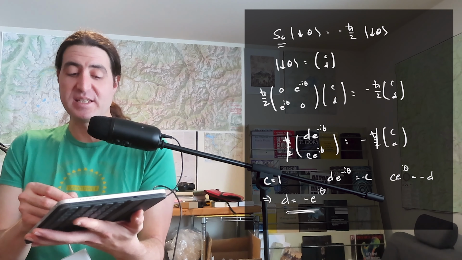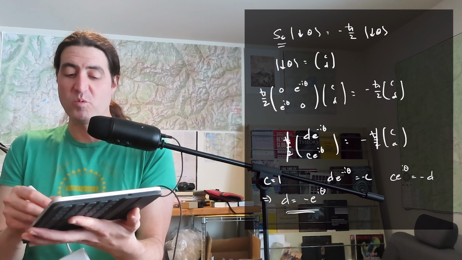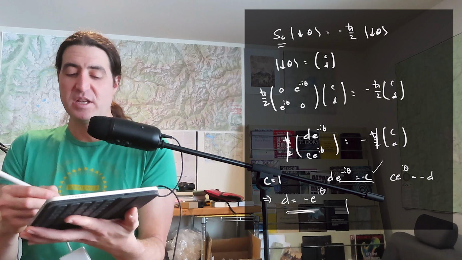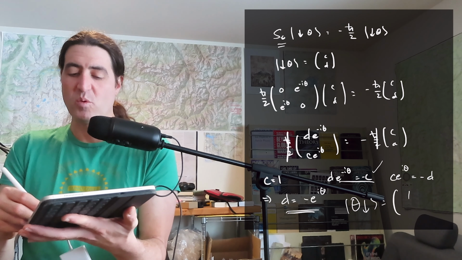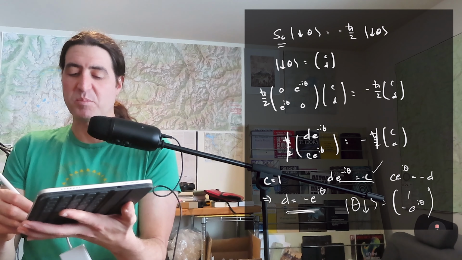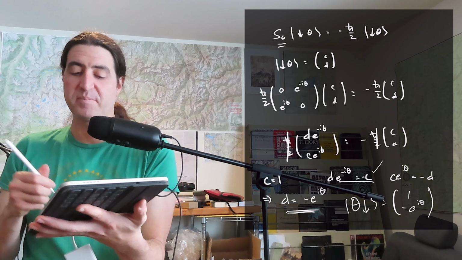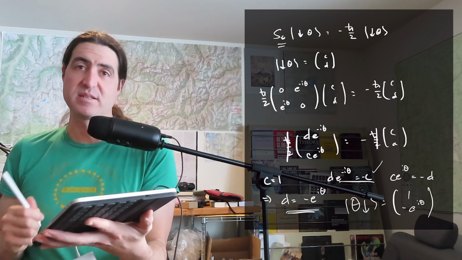Well, if D is equal to minus e to the plus i theta, then this would mean that C would be equal to 1. So yes, this checks out. So we have theta down is given by 1, minus e to the i theta.